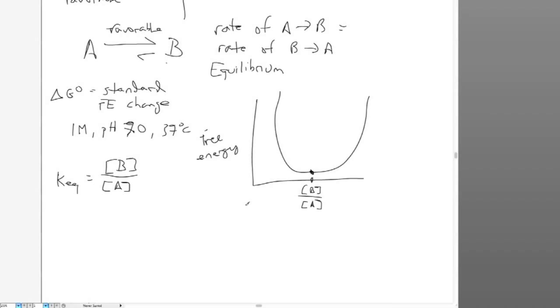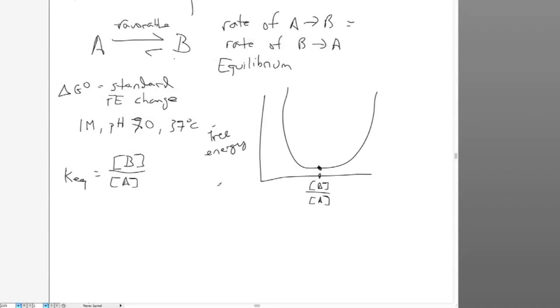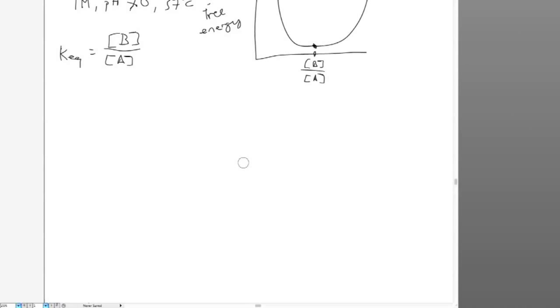Okay, so free energy not only tells you which direction a reaction is most favorable in, but it also tells you how far away from equilibrium that reaction is. So there's an intimate relationship between the equilibrium constant and free energy.